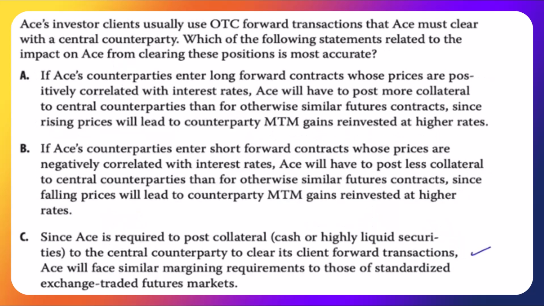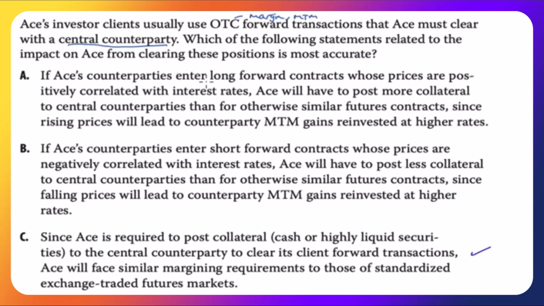ACE's investor clients usually use OTC forward transactions that ACE must clear with a central counterparty. Okay, so since they're cleared with a central counterparty, these contracts are going to have margin and a mark-to-market feature to it. Which of the following statements related to the impact on ACE from clearing these positions is most accurate?